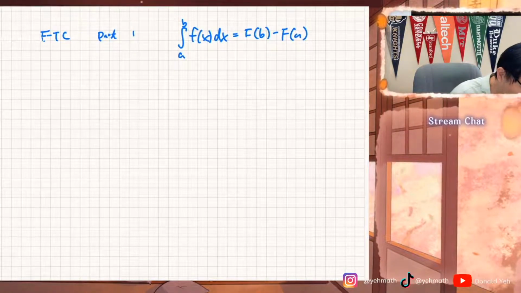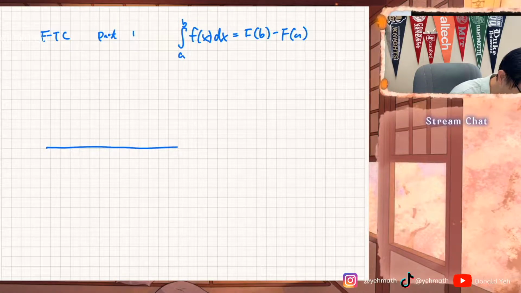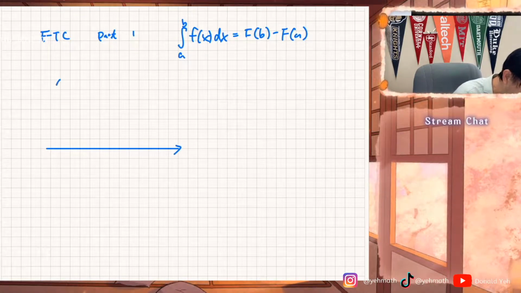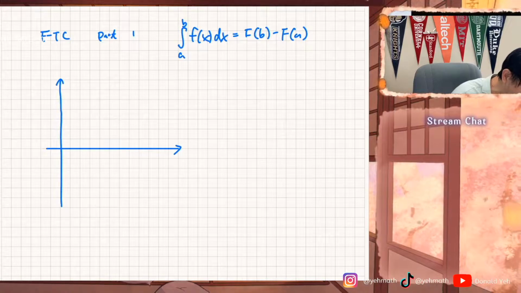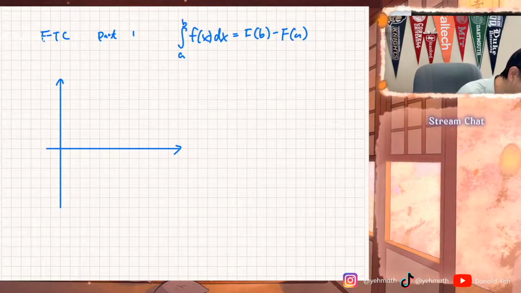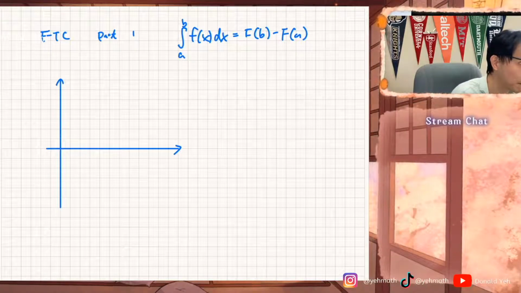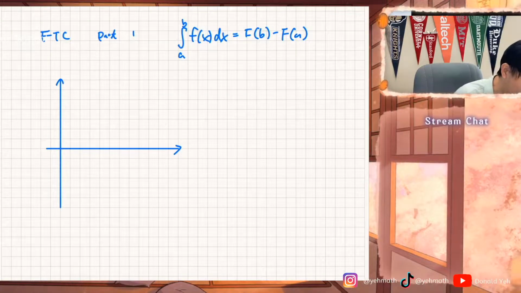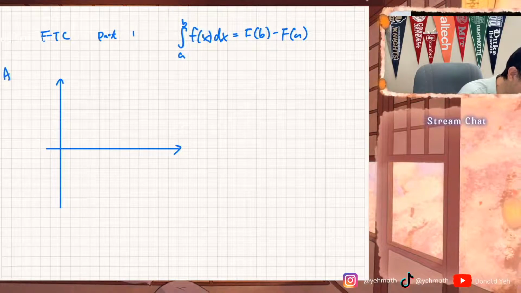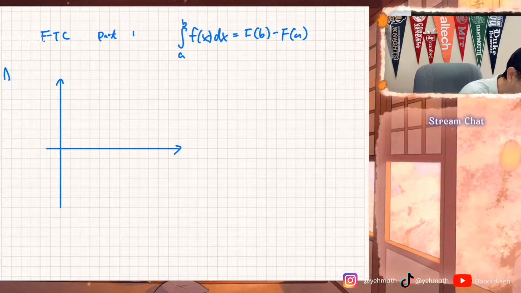So the question that you might see on the AP exam is probably something like this. And remember, you have to make sure you understand it, not just memorize it, because it's definitely 100% on the AP exam. So these are AP questions. Make sure you understand.